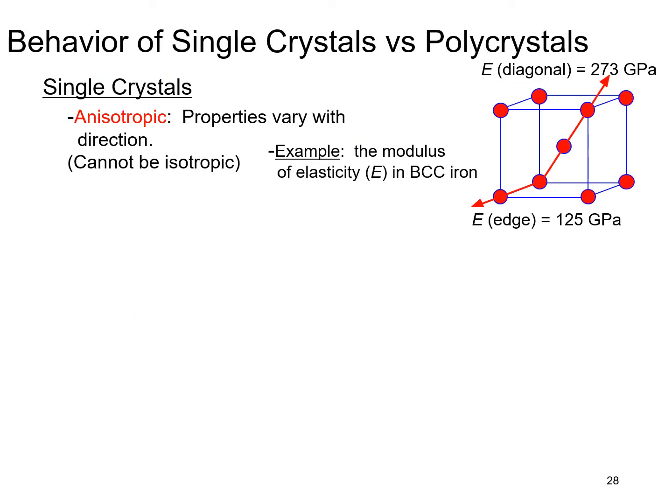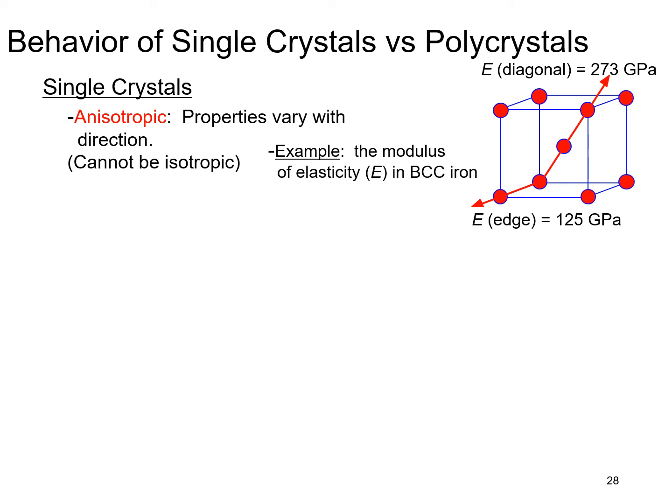So what's the difference in the behavior of single crystals versus polycrystals? For single crystals, we know that the properties are going to vary with the direction of testing. The behavior will be anisotropic. It can't be isotropic.